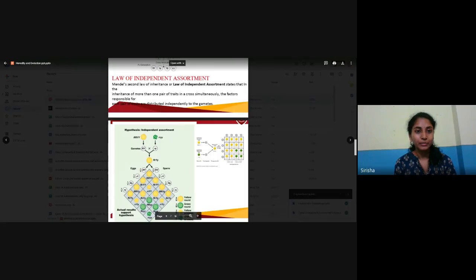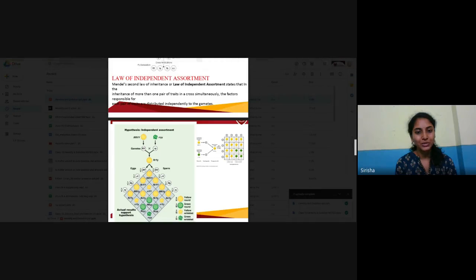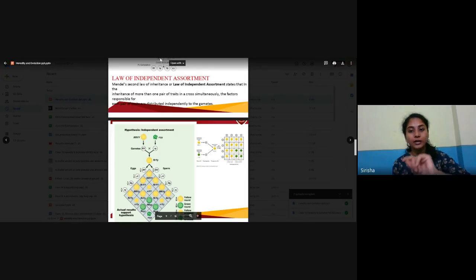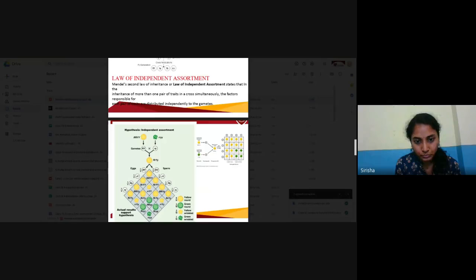What did this cell become? It also becomes round as well as yellow. Why? Because as I told you in the law of segregation, if there is at least one dominant character, whether it is capital R, then it becomes dominant. Okay, now what did he do?